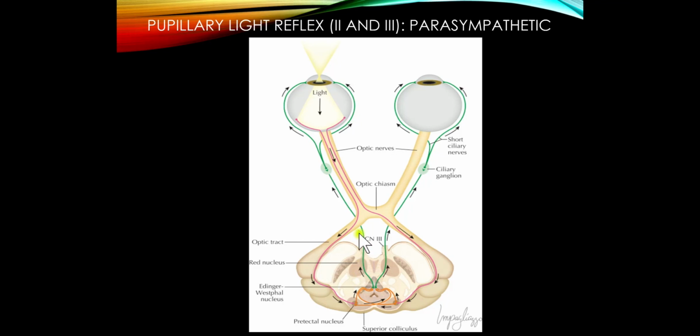So these travel right along with the third nerve, and the parasympathetic fibers have a synapse here at the ciliary ganglion, where they then travel out to the pupil to constrict the pupil. Okay, so the parasympathetics constrict the pupil. And this is the mechanism of shining a light in the eye that will notice shining light in one eye will equally stimulate constriction of both pupils. Okay, so when you shine the light in one eye, you want to see what is happening to both pupils when you do that.